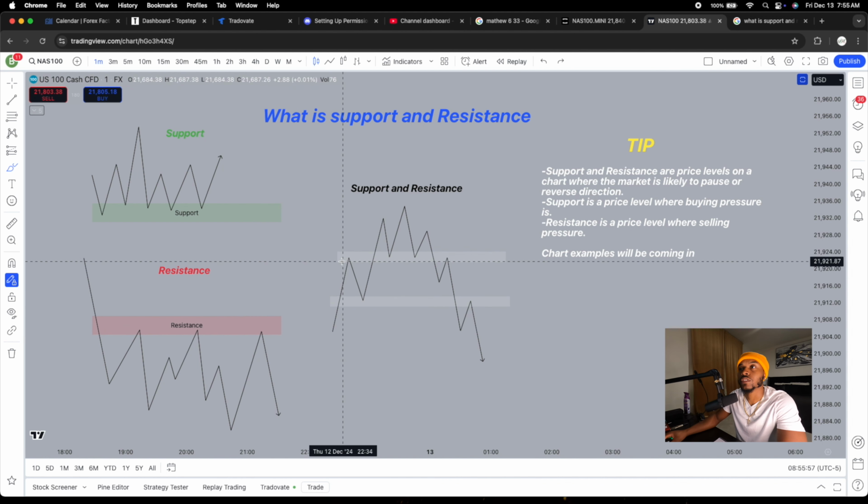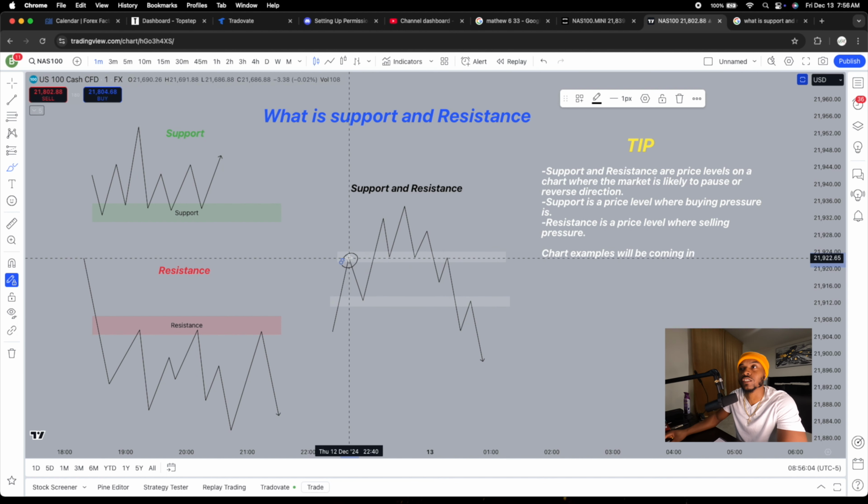So what happens right here is this is resistance. This is where price is resisting to go up. And this is support, where price is supported to go up. So right here is resistance. The price goes down. Right here is support because the price goes up.